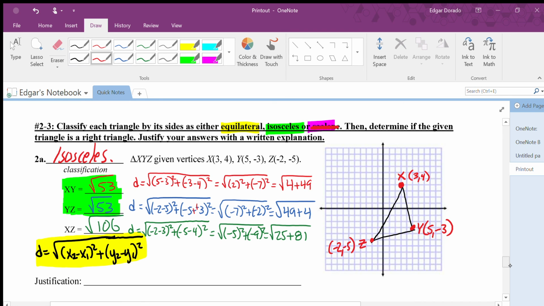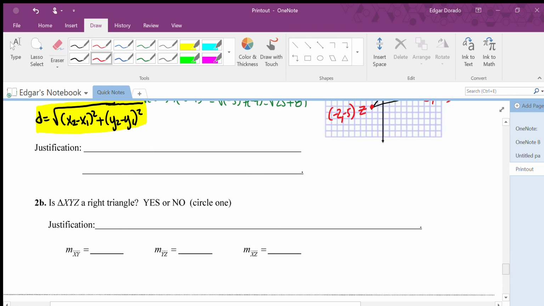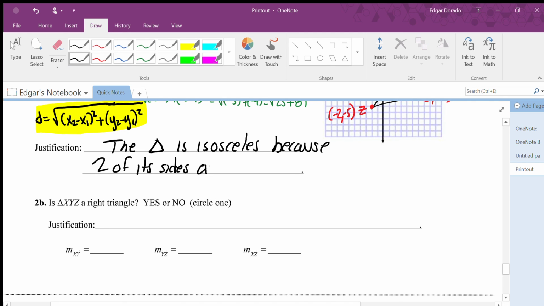Okay. And then just for justification here, guys, make sure you write in why, and the reason why is isosceles because two of the sides are congruent, or they're the same.